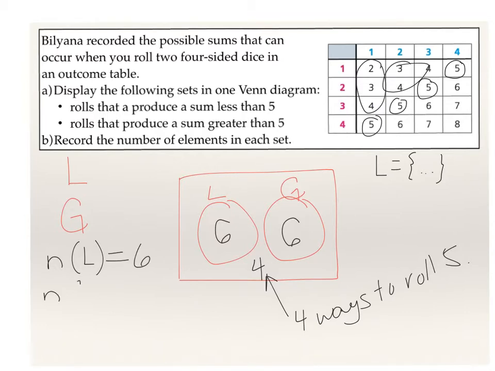And the number of elements in G is 6. That's how you write that. It's a little additional thing, but it's important to know. We'll be using it a lot.